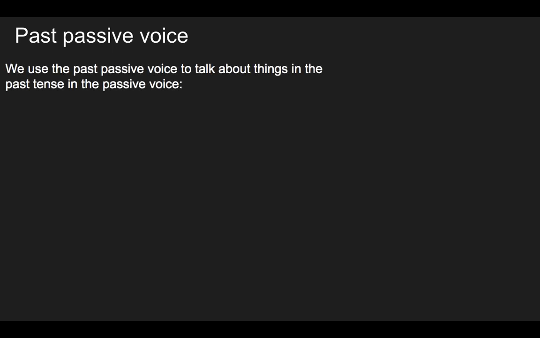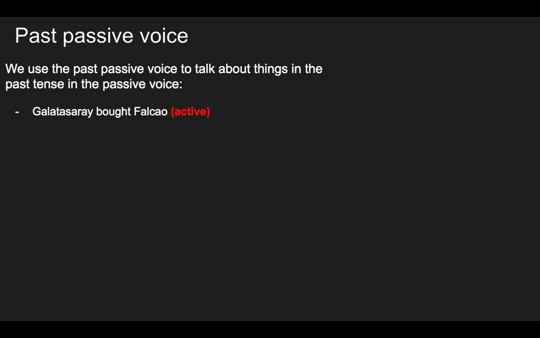Okay, so the past passive voice, the focus of today. The examples you've seen are present passive. So past passive is the same concept, but when we're talking about things or events in the past, and we want to use the passive voice. So here's an example of the active voice.